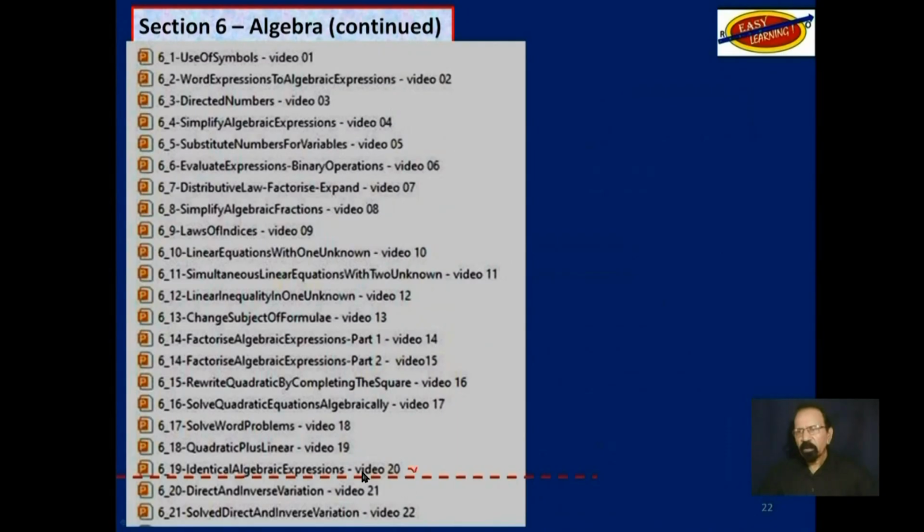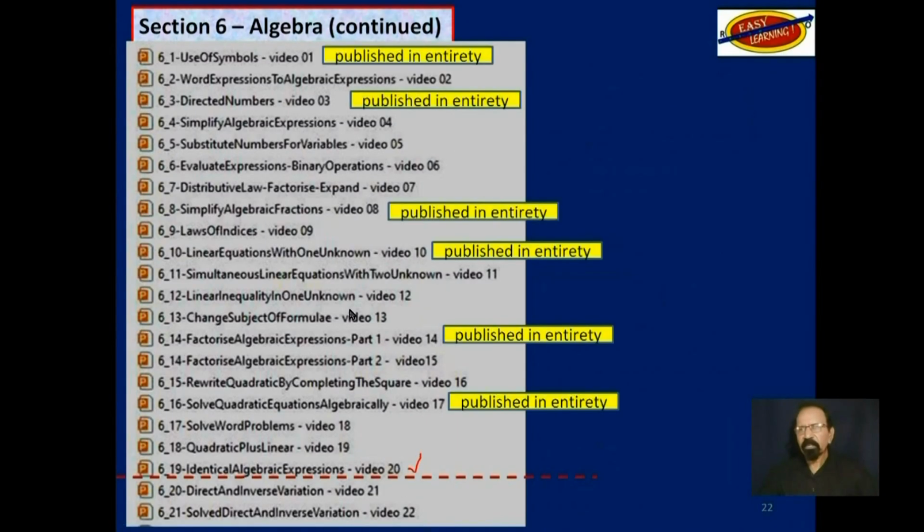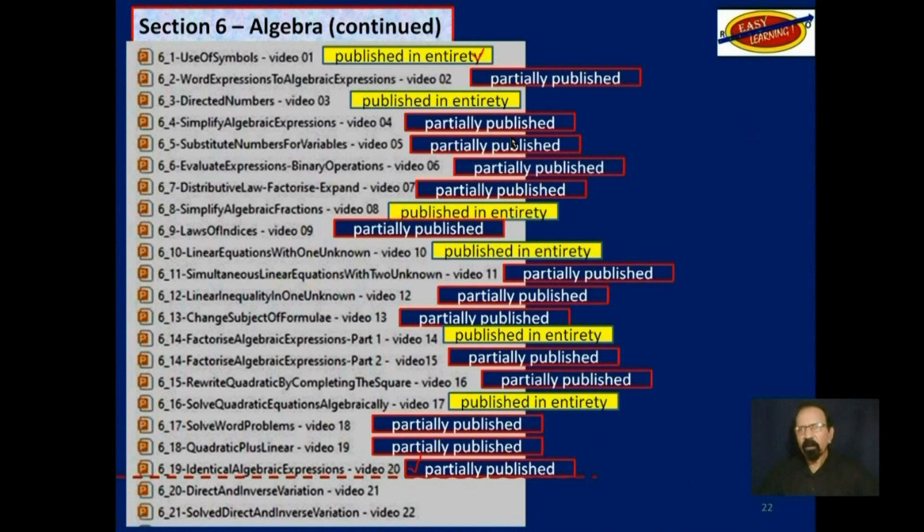So we finish 20 videos in this section. These indicated in yellow have been published in their entirety on YouTube. These others are only partially published on YouTube. And since this is video 21 down here, this will only be partially published when it is finished.